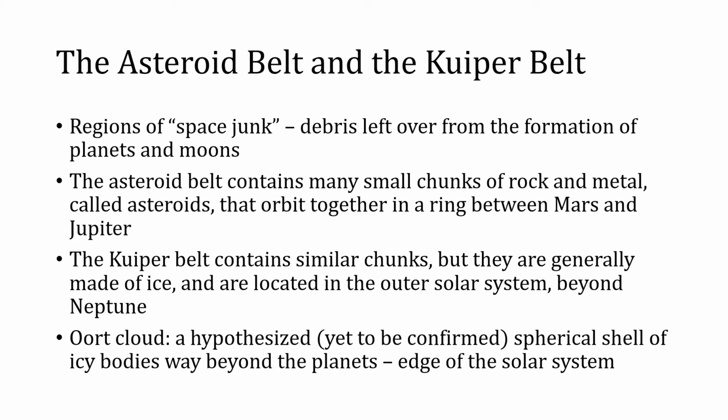So basically you'd start out with just a bunch of dust particles, and then they would combine to form some small pebbles, and then those would combine to form larger pebbles.